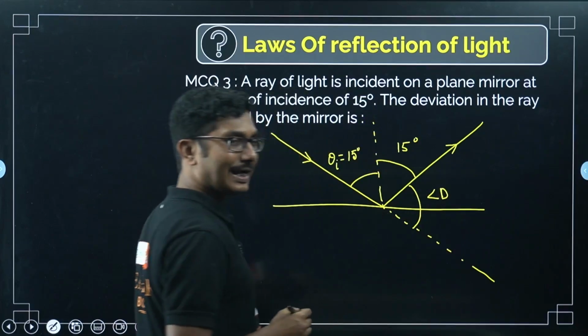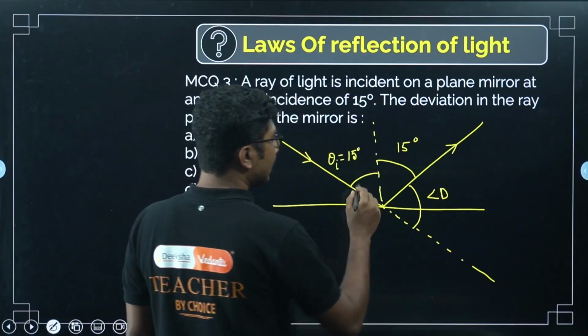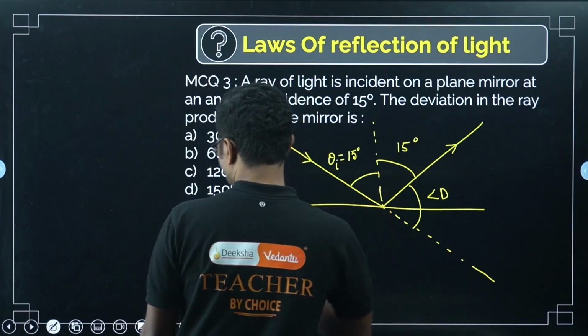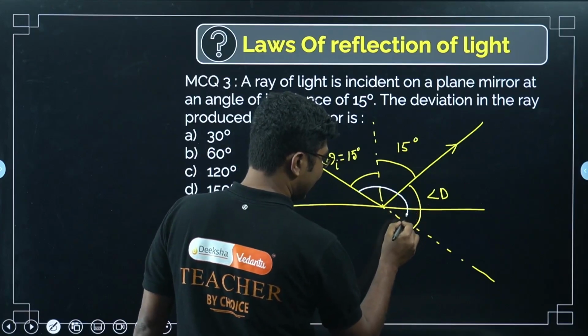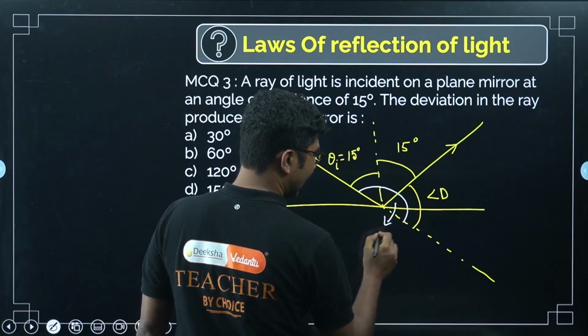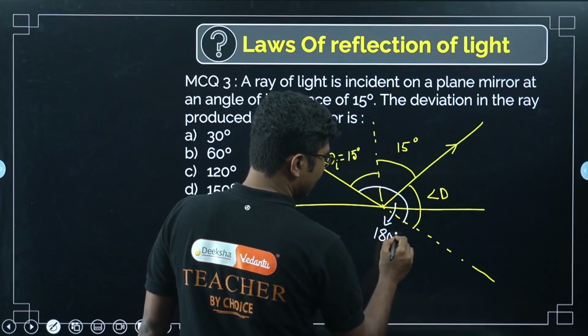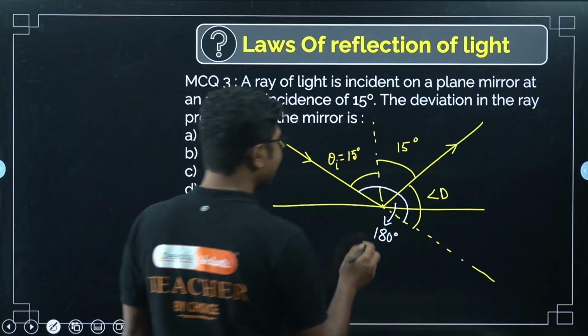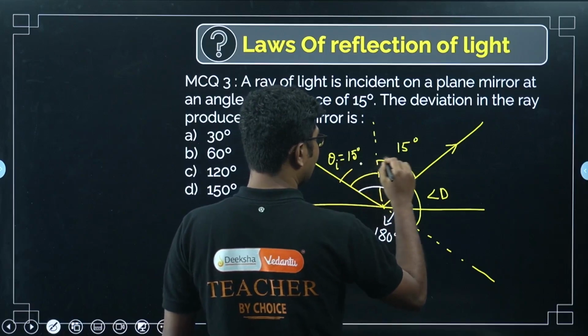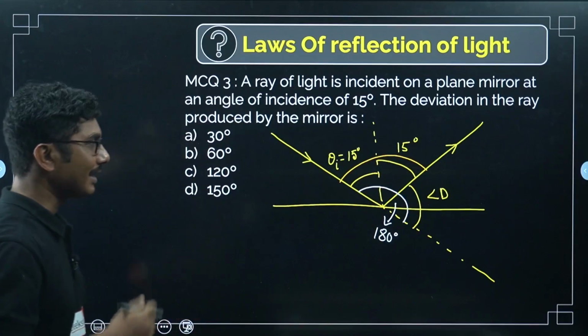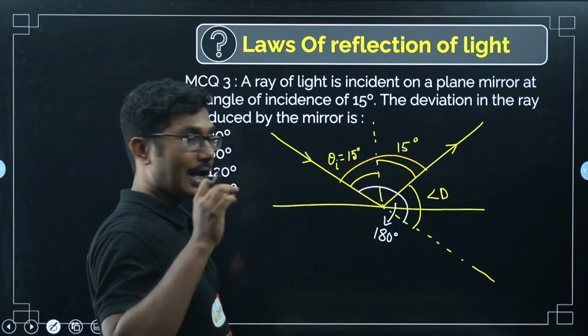Now what is the angle D? Now you know that this entire angle is 180 degrees, right? So this entire angle is 180 degrees. Now from this 180 degree angle you have to subtract this angle to find the angle of deviation.